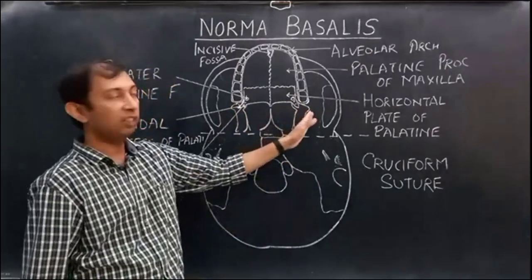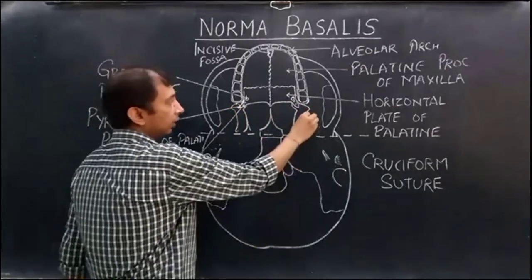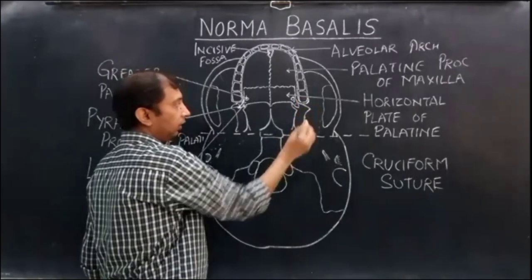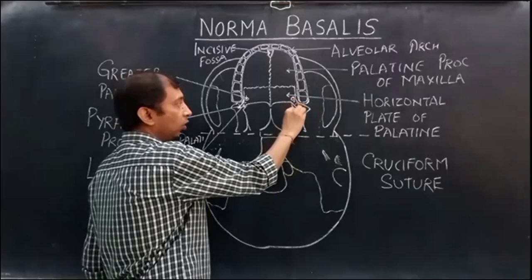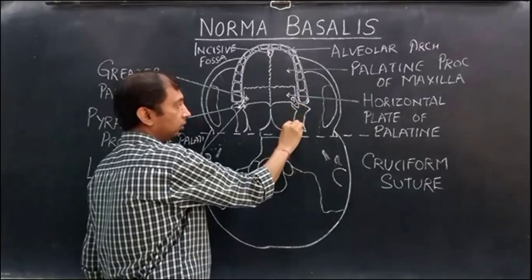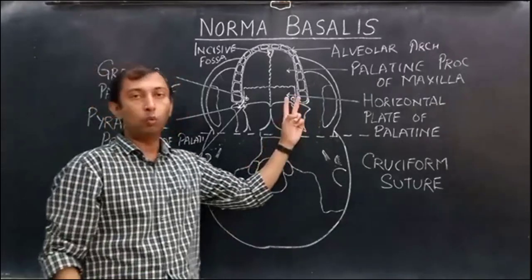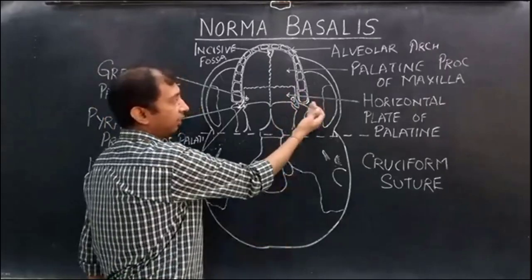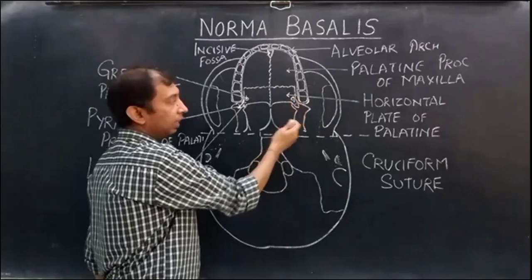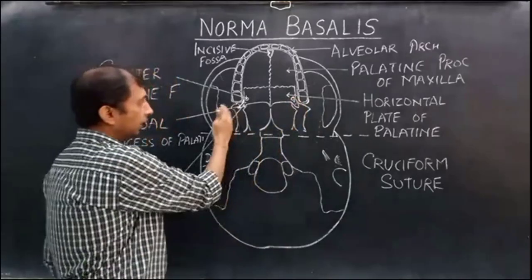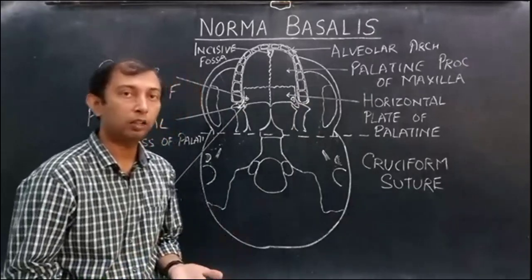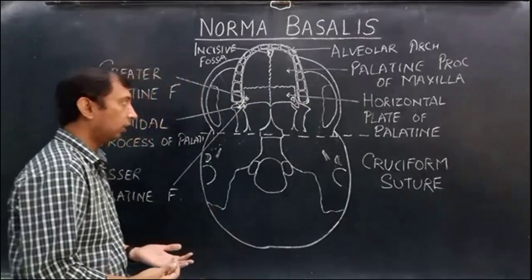So the lateral one will obviously be known as the lateral pterygoid plate, that is this plate, and here is the medial pterygoid plate. Okay, so there are two vertically running plate-like structures, a lateral pterygoid plate and a medial pterygoid plate on each side, and these are actually projections from the posterior part of the sphenoid bone, right?